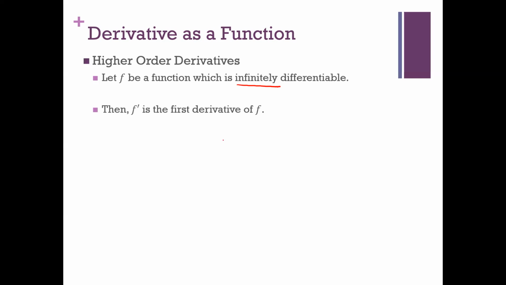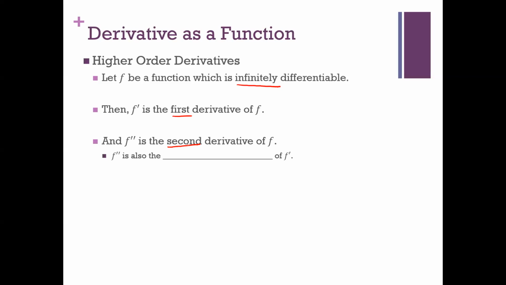So we've talked about f prime being the derivative of f. Now we're going to be specific and say f prime is the first derivative of f. The reason we have to be specific is because we can go beyond that. f double prime is the second derivative of f. How is f double prime related to f prime?